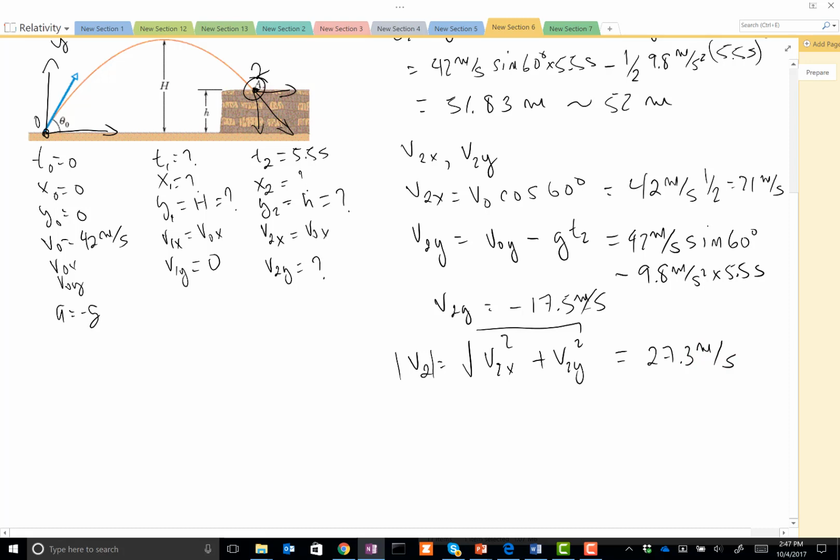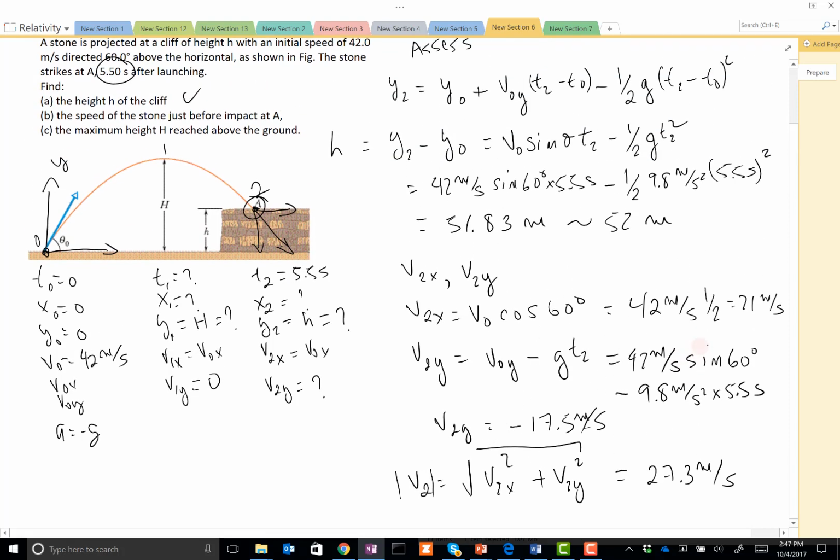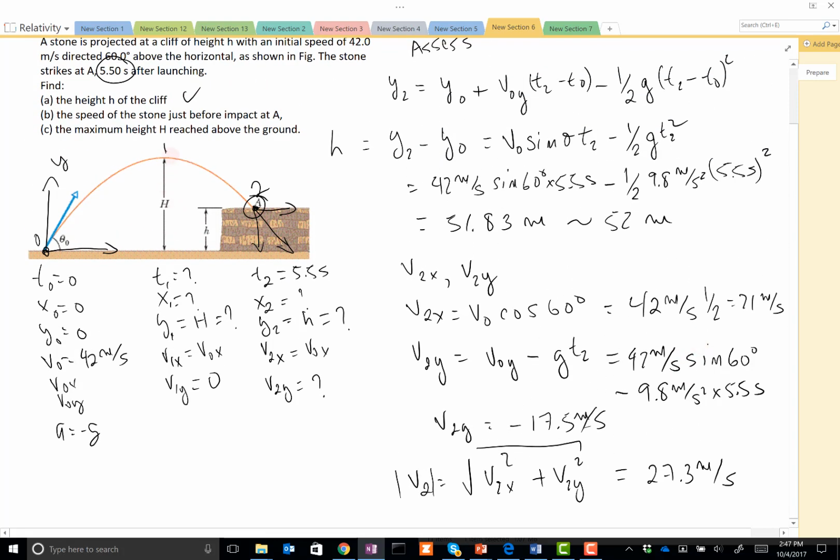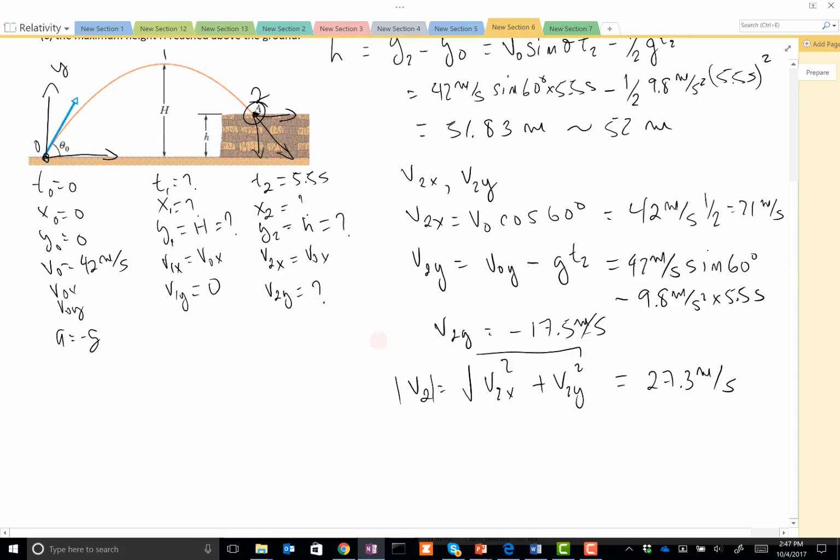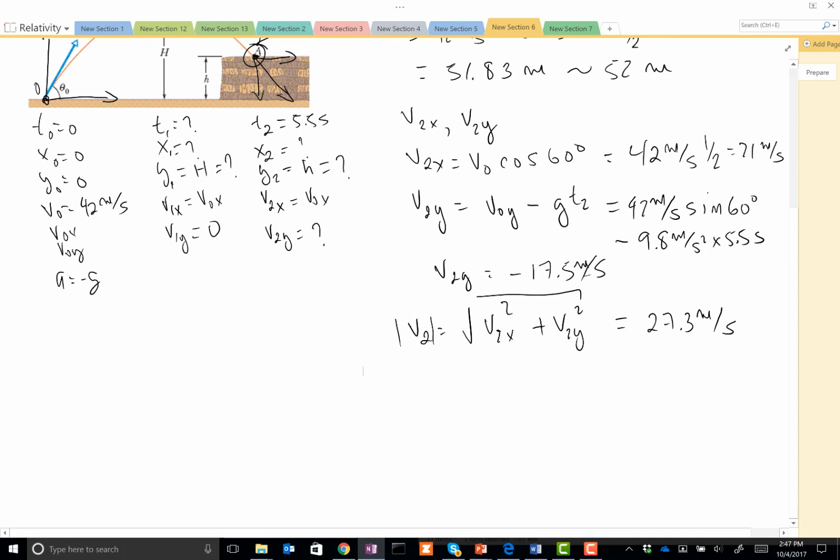The final question in the problem is this h, that maximum h. To answer that question, we can use this equation: v2y squared is equal to v0y squared minus 2 times g times h, right? That is what we need to find. This h is delta y.